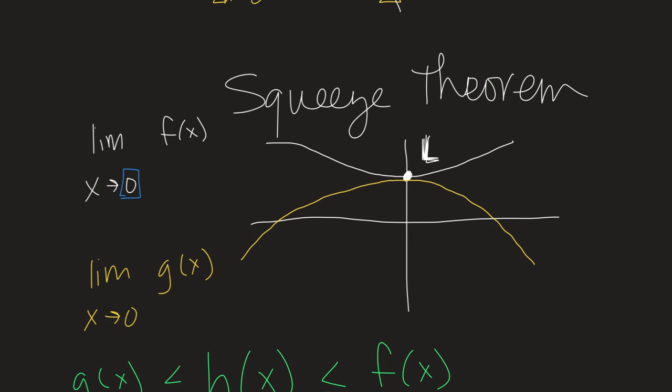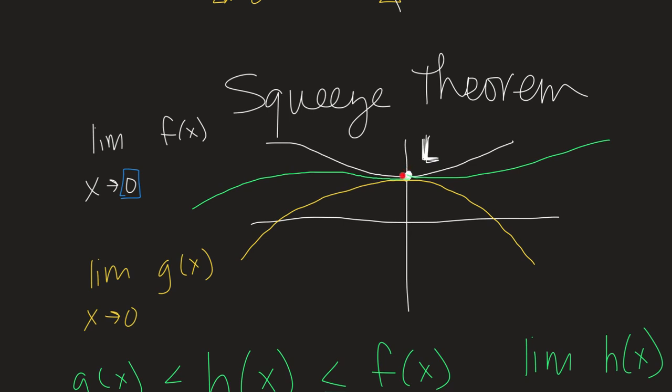Okay, so this says that the limit as x approaches 0 of h. What do you think that value is going to be? If h is always between g and f, what is going to be the limit? It's going to be the same.